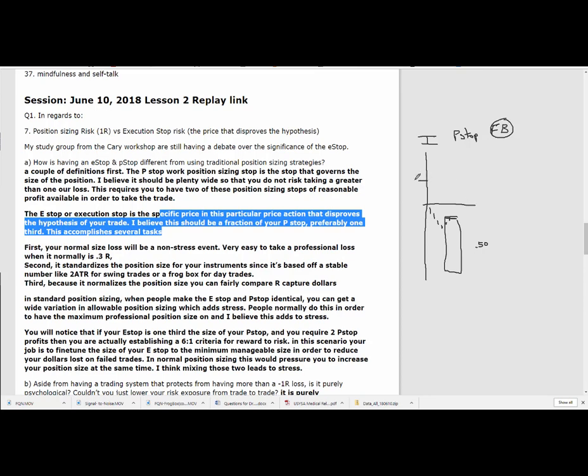So this is where it closed, and this is where it opened right here. So I have a little gap at play right here. From here down to here was a gap. So when I see that little price action right there, what I say is this.